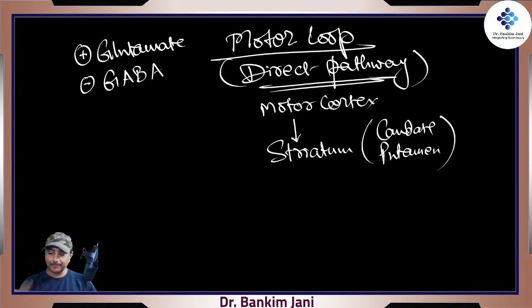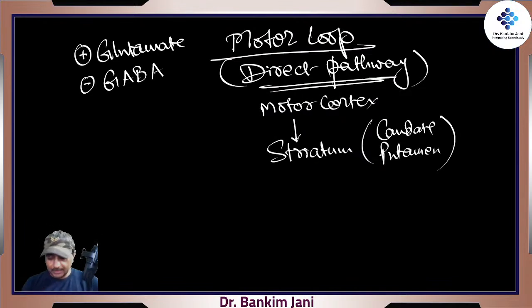When we learn the DAT scan, you will see why this knowledge is important, because you will be thrilled to know that this is the reason why the comma-shaped appearance goes away and becomes oval. It is based on the principle of pickup of transporters, dopamine transporters. Let it come. So motor cortex to striatum, and the striatum is caudate plus putamen.